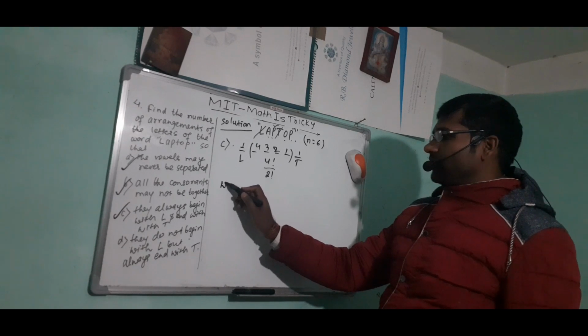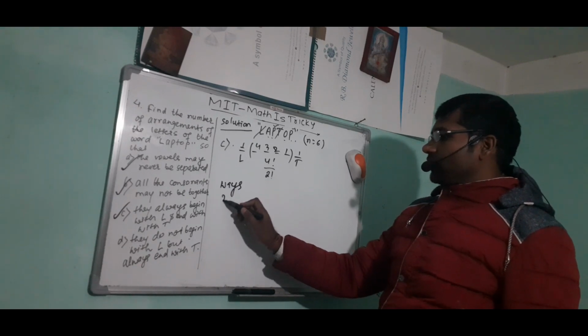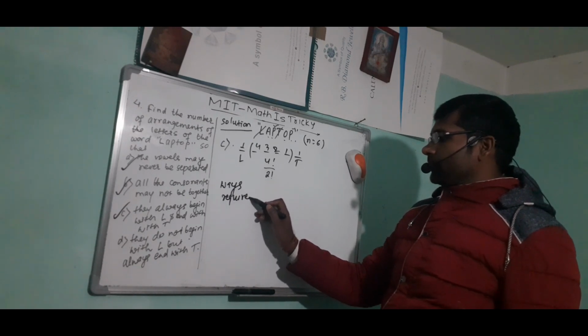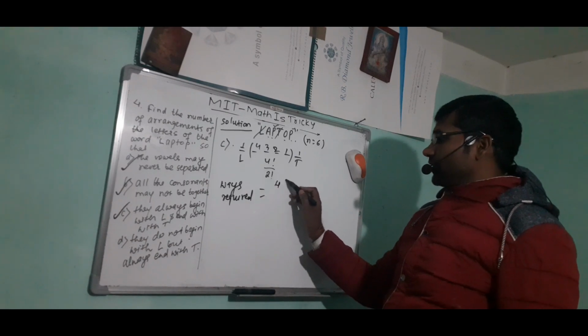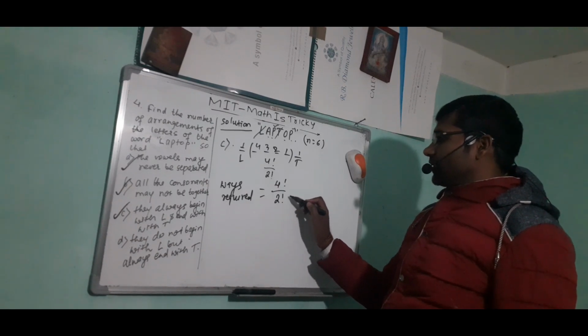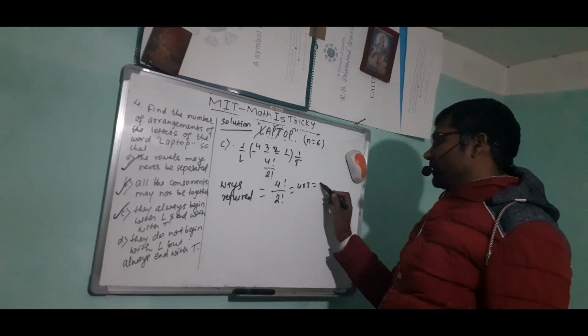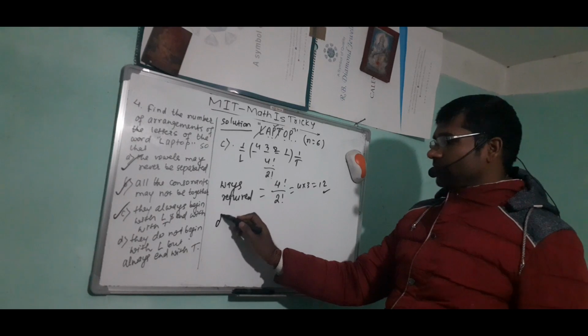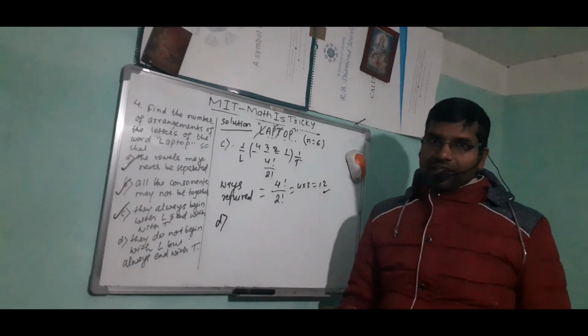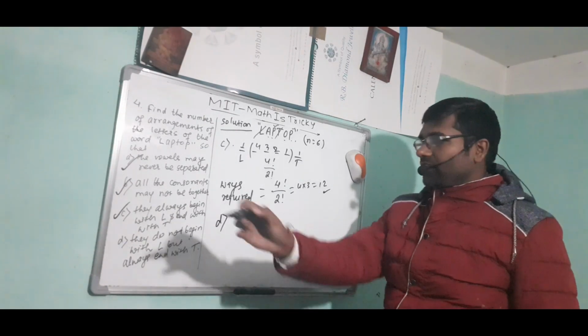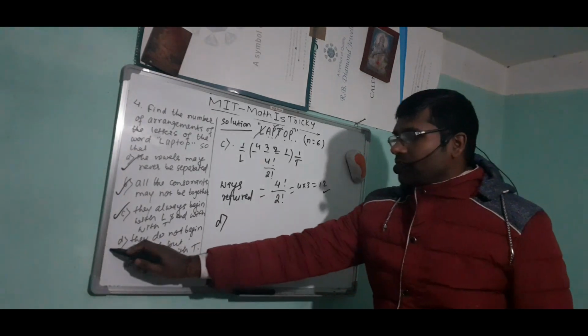The required number will be 4 factorial by 2 factorial, that is 4 into 3, so it is simply 12. Hope you are getting this. Hope you understood this. Okay, now we'll move to the last one.